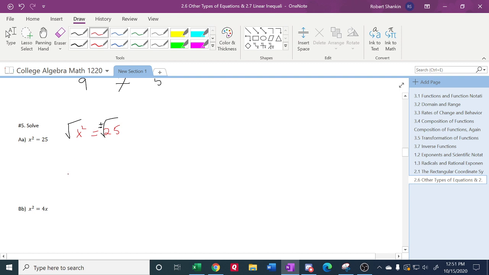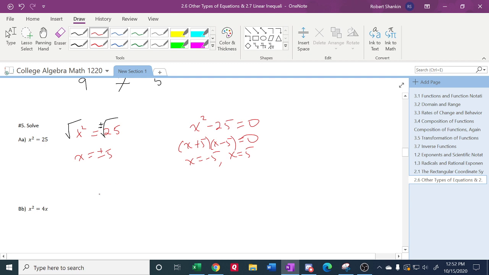And then I would get x equals plus or minus 5. We also saw it as, if you get it equal to 0 and then factor, either way you're going to get 5 and negative 5. Or you can just look at it and say, 5 squared and negative 5 squared gives me 25.